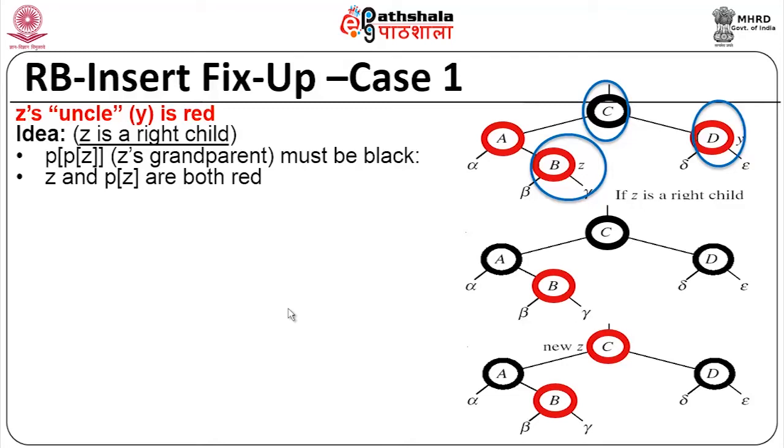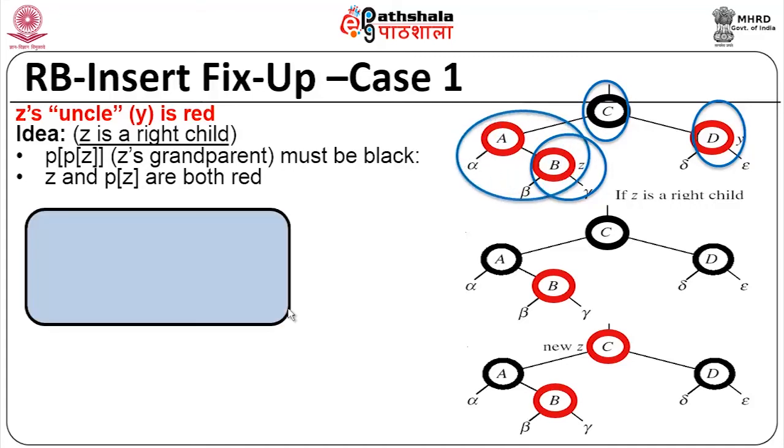Case 1 says that you have a node Z which you have inserted and colored red. Z's uncle Y should be red, yes. The grandparent of Z should be black, yes. Z and the parent of Z should both be red, yes.